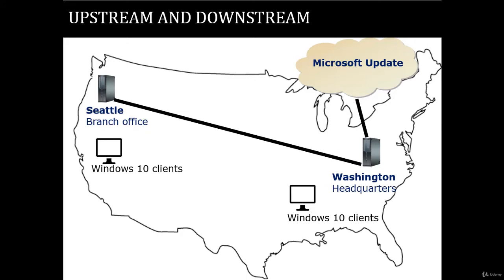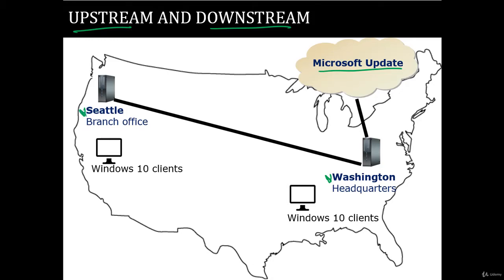One of the layouts for WSUS is a concept of upstream and downstream servers. So in this picture, similar to the graphic we just looked at, it just does not have as many things actually going on. I have Microsoft Update out on the internet. I'm going to say my headquarters location is in Washington, and I have a branch office in Seattle.